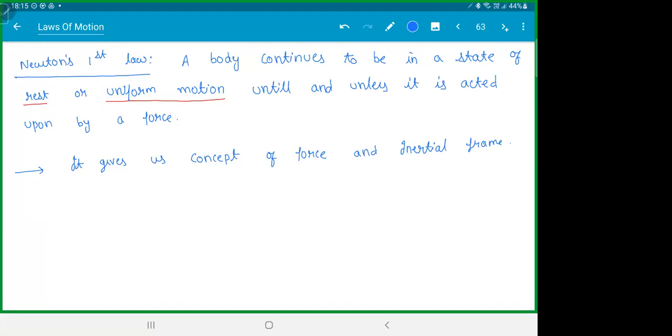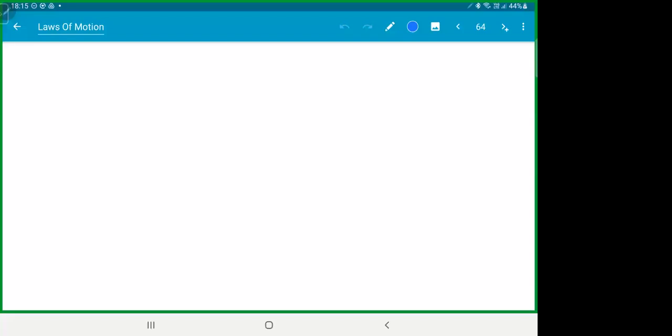So great. So let's talk about this force. So primarily, there are four types of forces. All forces in the universe can be classified into four types. Gravitational force. Now this comes due to interaction between masses.